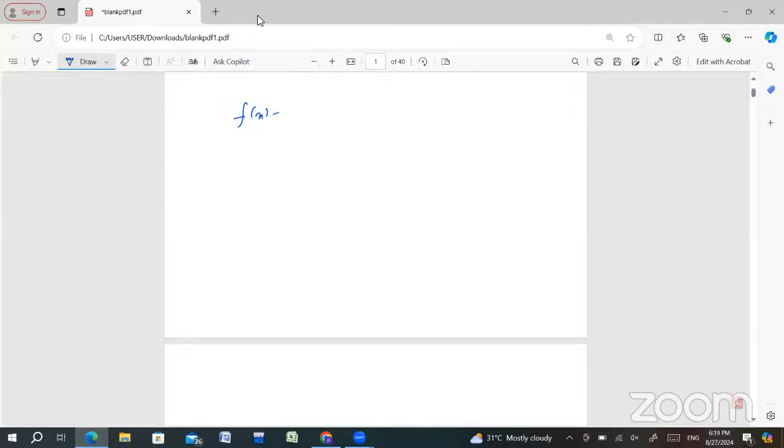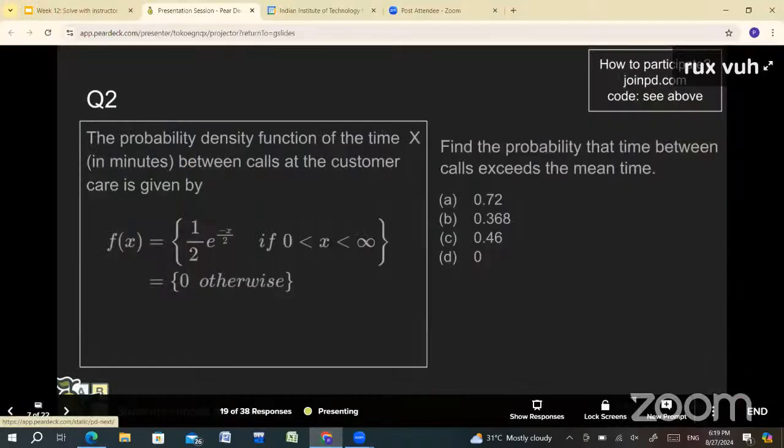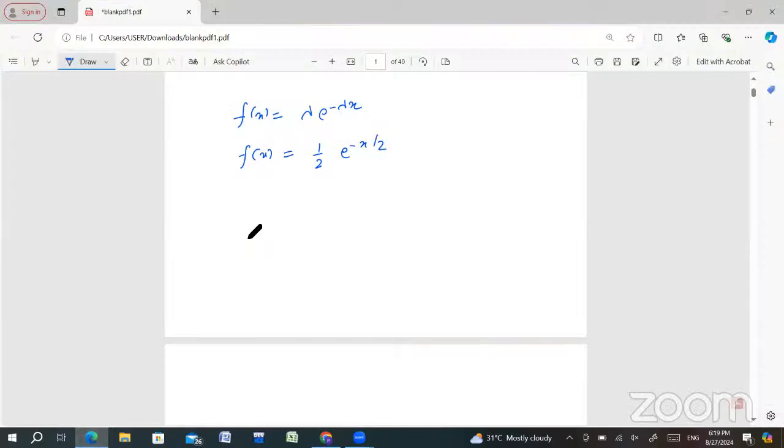It is f(x) equals lambda e to the power minus lambda x. And in the question, you are given f(x) as 1 by 2 e to the power minus x by 2, right? So from here you can compare it. Your lambda will be 1 by 2 and the mean will be 1 by lambda, so it will be equal to 2.